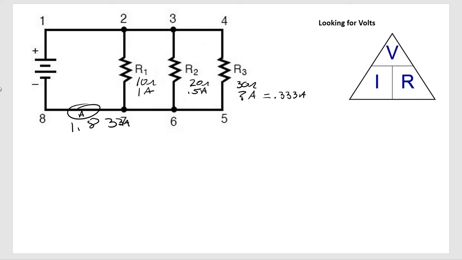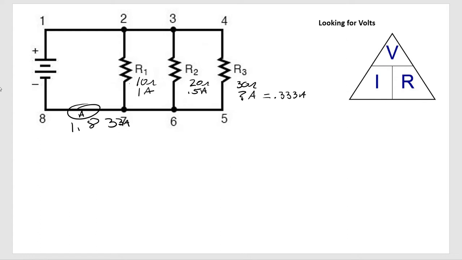So all I did was get these two and subtract it from this one. But the easiest way to do it is I know that each one of these branches has the same voltage. So I could 1 over x, 1 over x, 1 over x, and then multiply it by that. Or I could just get these two and multiply them together.